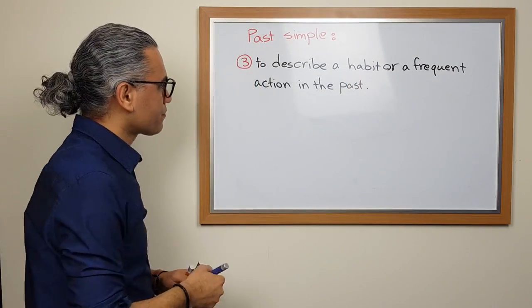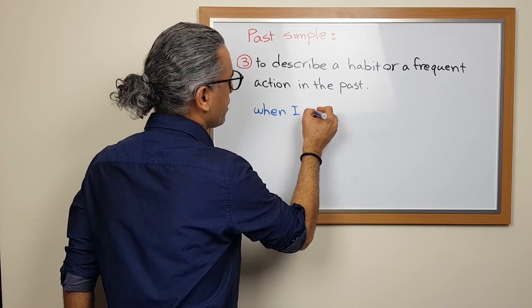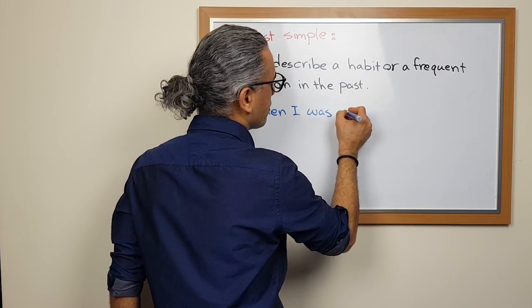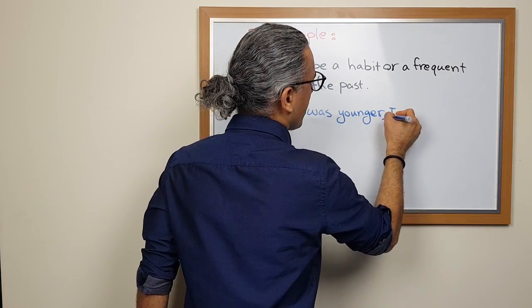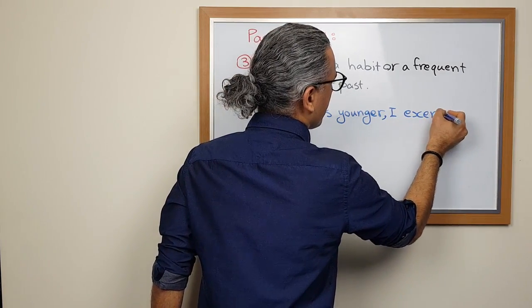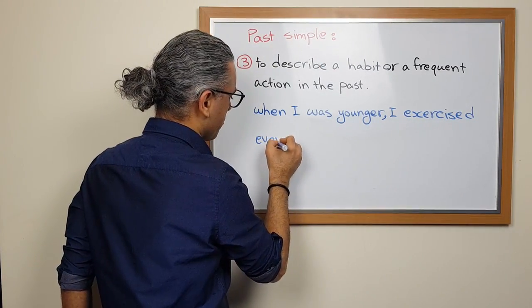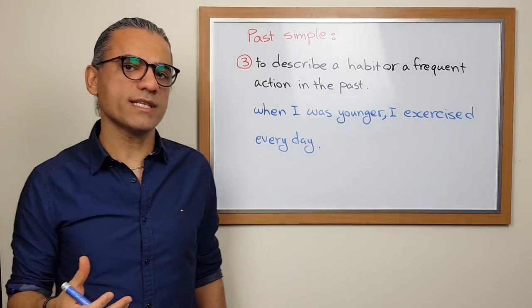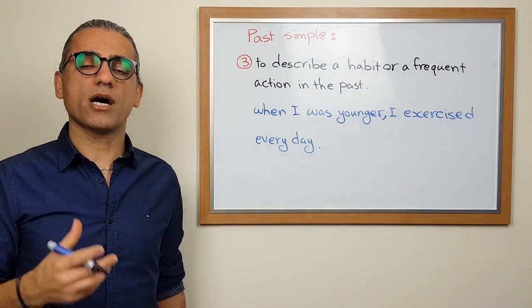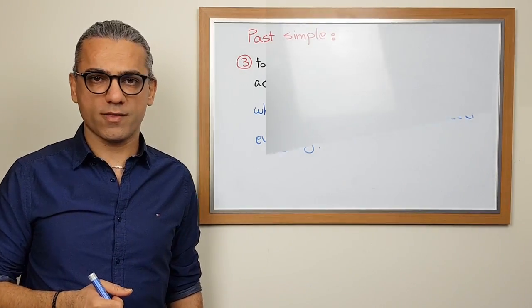For example, when I was younger, I exercised every day. This is a frequent action or something that happened on a regular basis. And this is another function of past simple.